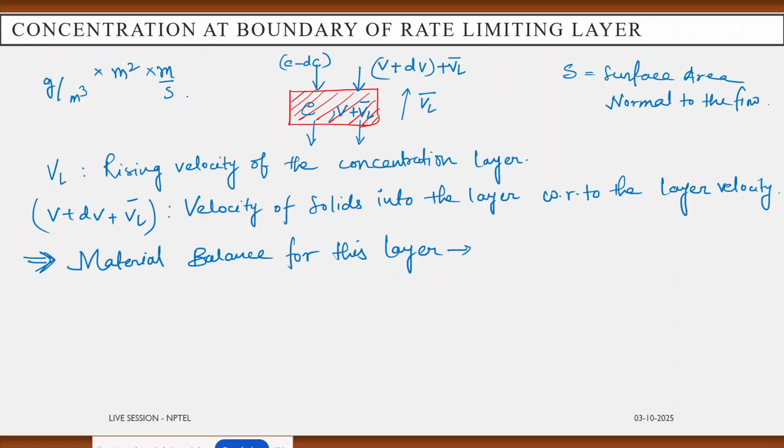So it becomes grams per second, and to remove the second you need to have time. So this should be your unit for the material balance. Just write down the equations considering this layer.